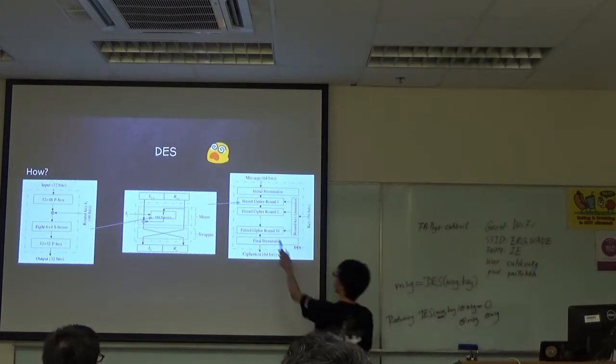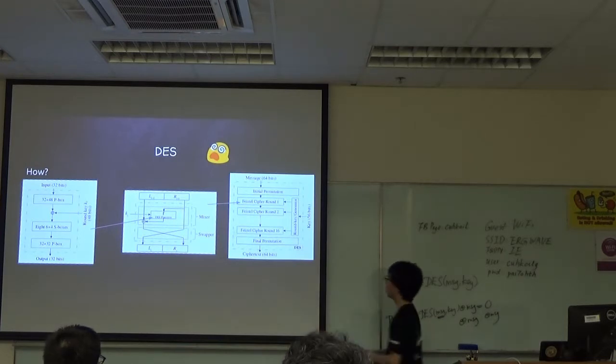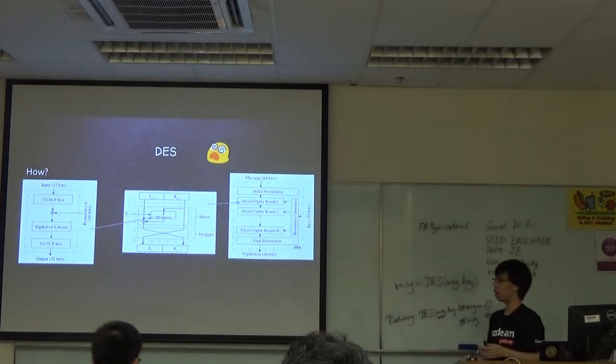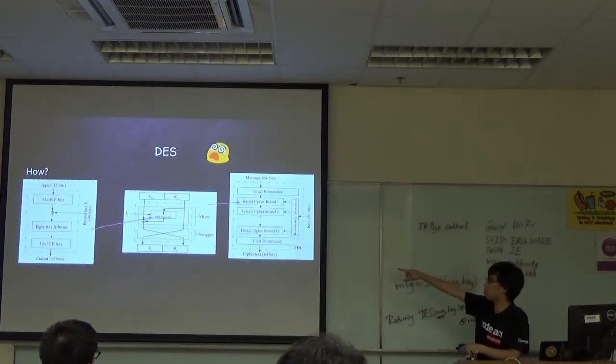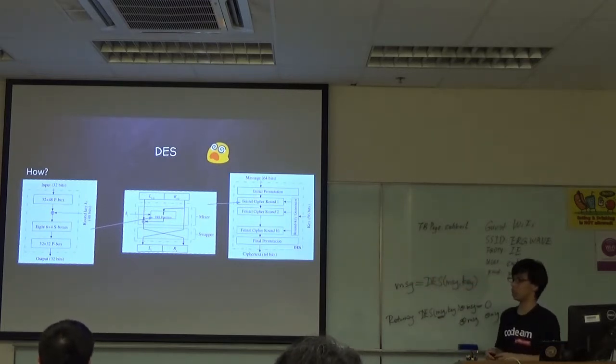If we assume that rounds 1 to 16 do nothing at all, and as I've mentioned before, the initial permutation and the final permutation are inverses, they did nothing.